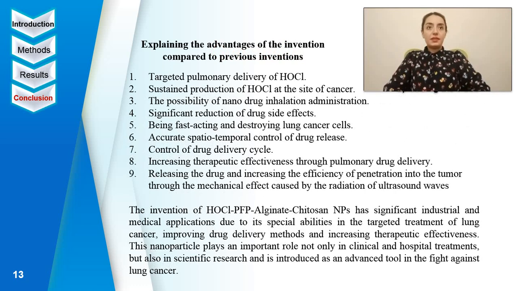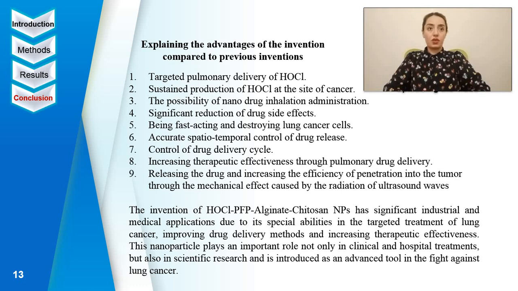Explaining the advantages of the invention compared to previous inventions. Number 1. Targeted pulmonary delivery of HOCl. Number 2. Sustained production of HOCl at the site of cancer. Number 3. The possibility of nanodrug inhalation administration. Number 4. Significant reduction of drug side effects.